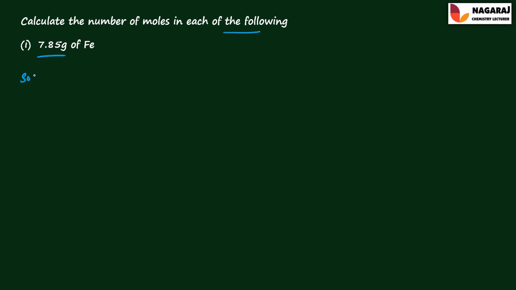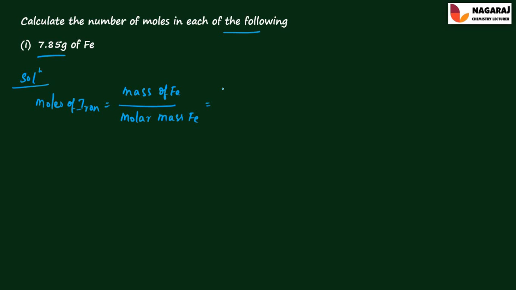So first let us take the formula: number of moles is always calculated using the formula, that is moles of iron is equal to mass of iron divided by molar mass of iron.